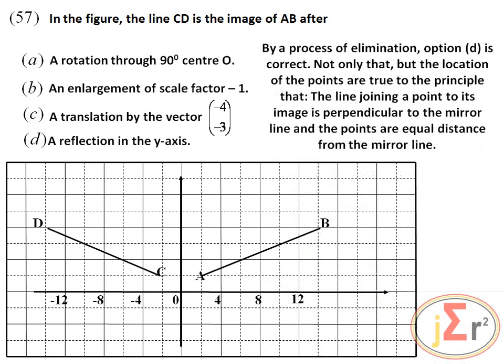Not only that, but the location of the points are true to the principle that the line joining a point to its image is perpendicular to the mirror line and the points are equal distance from the mirror line.